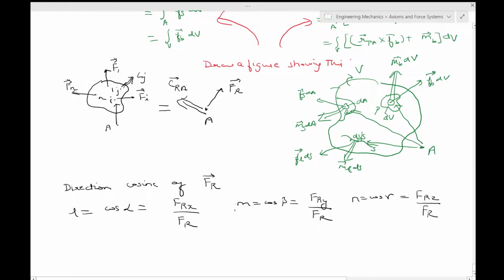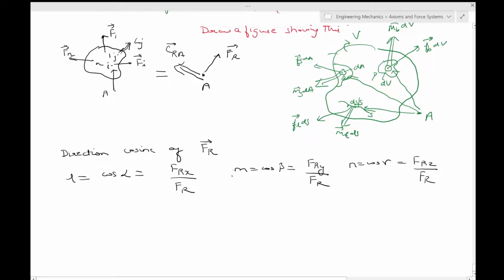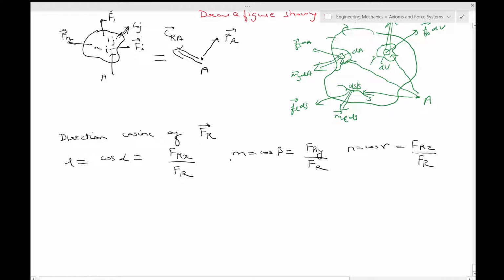So in three-dimensional space, we do it something like this. For a two-dimension case, you already know that, say, if you have this as your Fr, and this is Frx, this is Fry, and this is angle theta. Then Frx is equal to Fr cos theta, so cos theta will be equal to Frx by Fr.